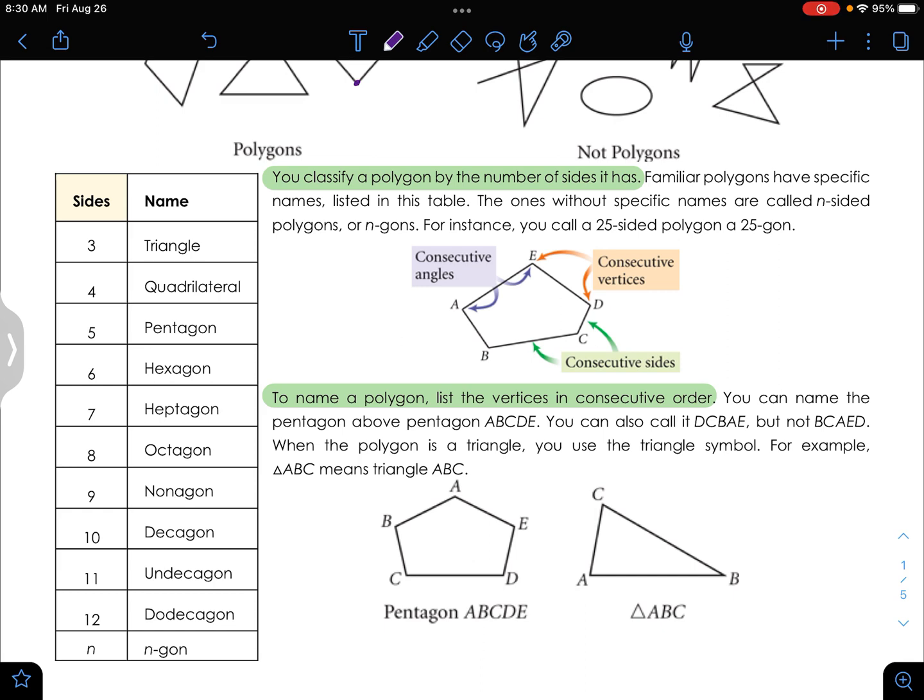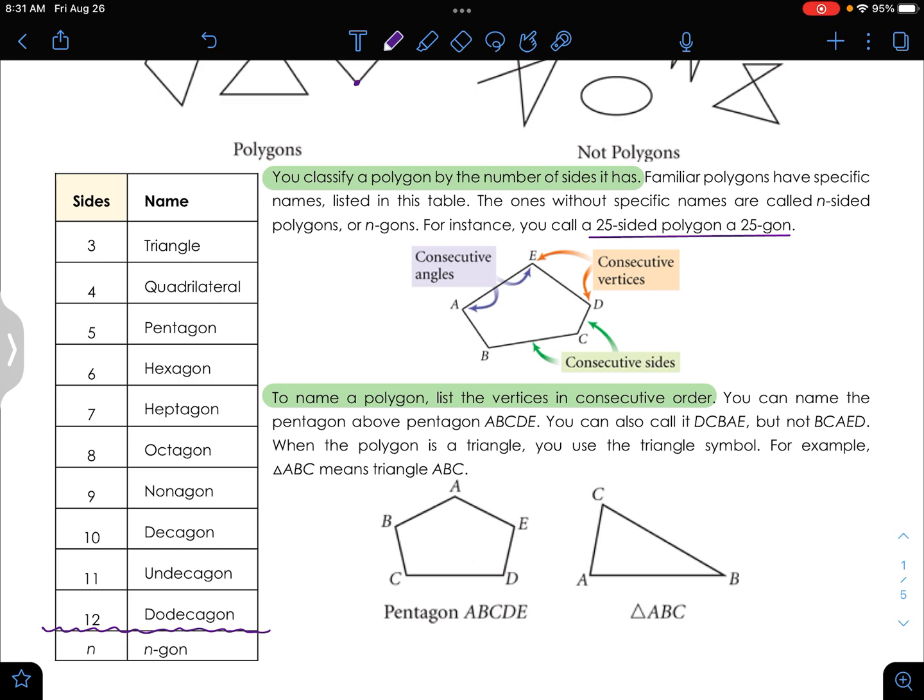Once you get higher than 12, we no longer refer to it by any special name. We just call it an n-gon. For instance, if you had 25 sides, you would just call it a 25-gon. There's no special name like hexagon or heptagon.